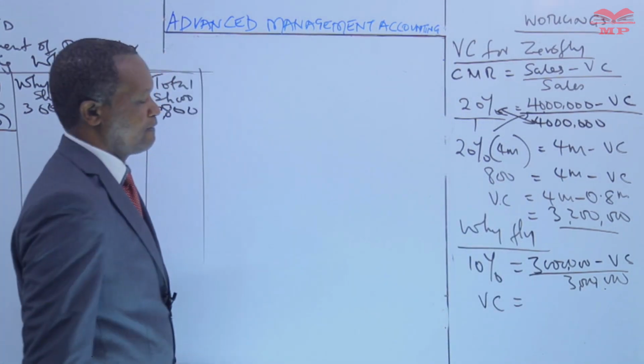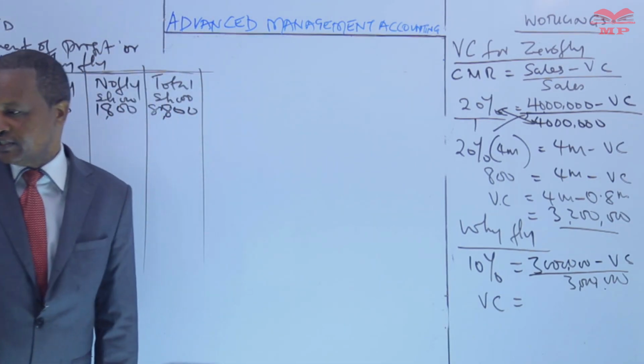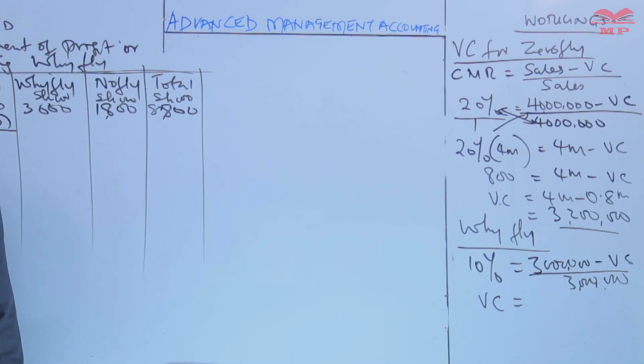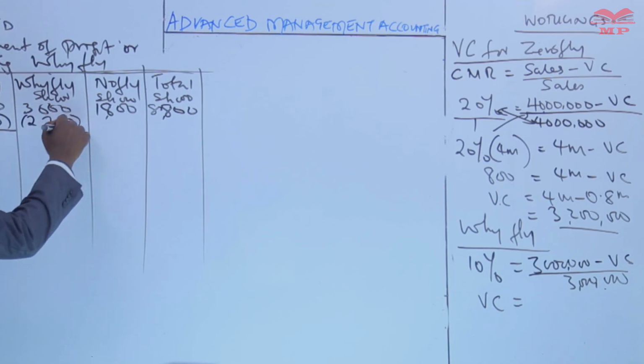Give me the VC. Use the same concept. What is the VC? Corey says 2.7. Can someone else confirm? Is it 2.7? 2.7. Deduct.